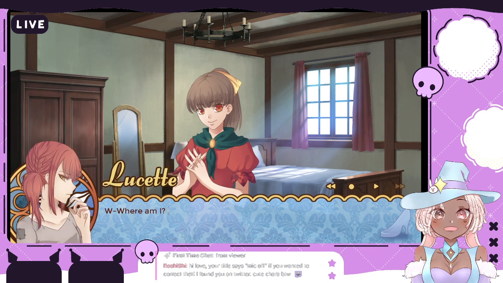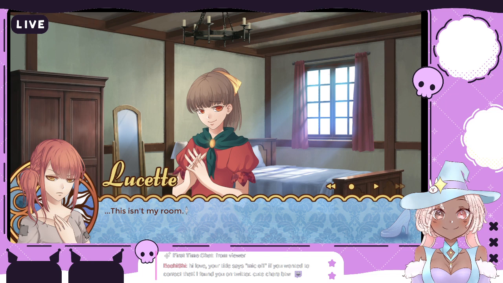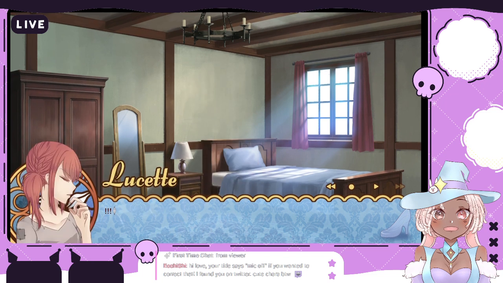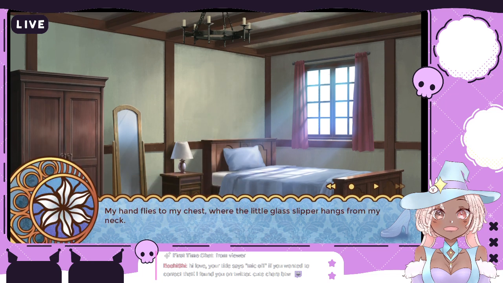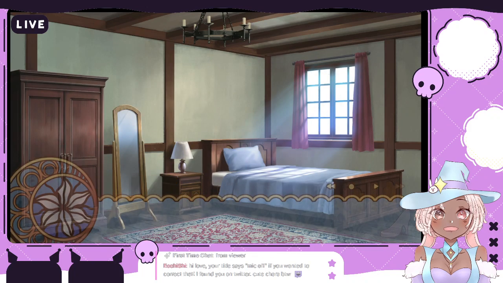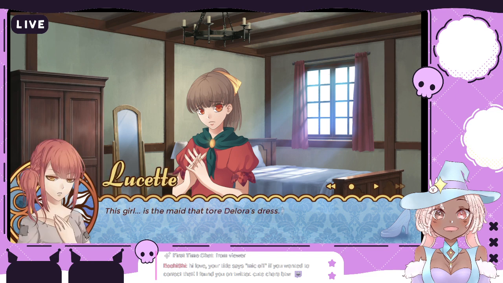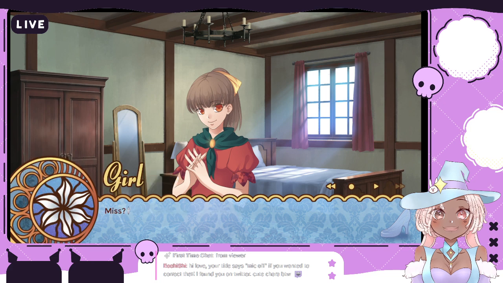Oh, you're awake. But where am I? Oh, well, this isn't my room. My hand flies to my chest, but a little glass slipper hangs from my neck. Still here. Are you okay, miss? This girl is the maid that tore Dolores' dress, the one I fired for her clumsiness.